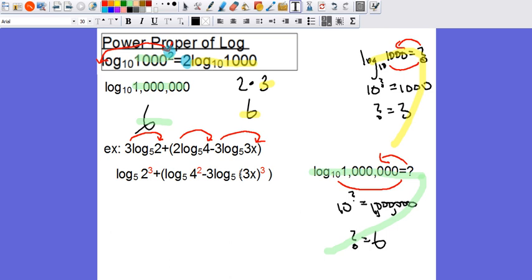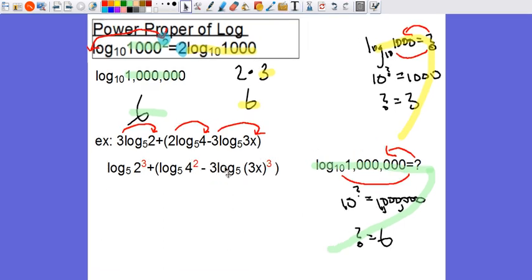Okay, let me create some more space here. So now this becomes 8. So I'm going to change up these, I'll throw in some gray highlights here. I'm going to change this to 8. I'm going to change this to 16.